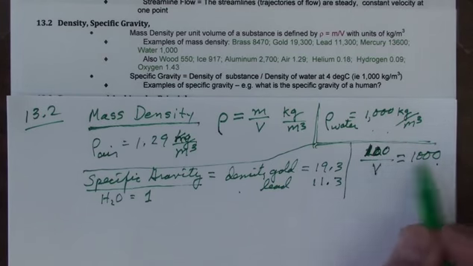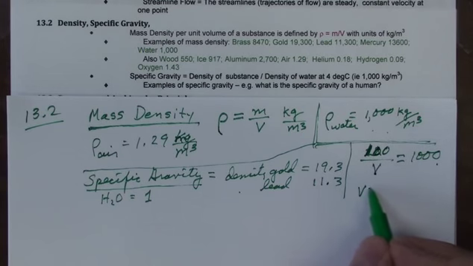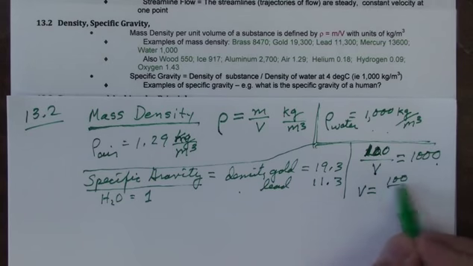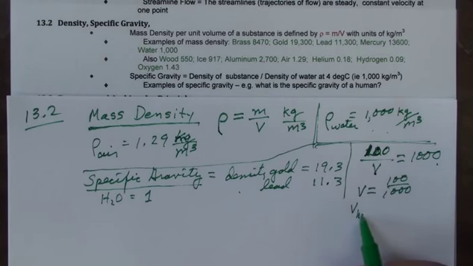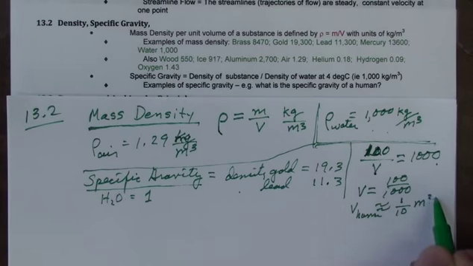So I can solve this for V, and we see that such a volume is going to be 100 divided by 1,000, or the volume of a human is something of the order of 1/10 of a cubic meter.